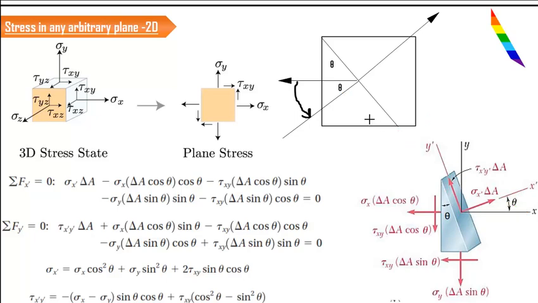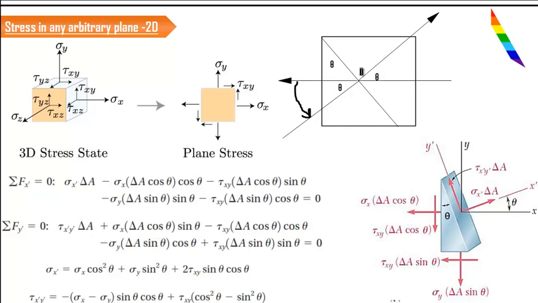So if you draw a line like this, then we will consider one more theta here. This is already mentioned in this figure.